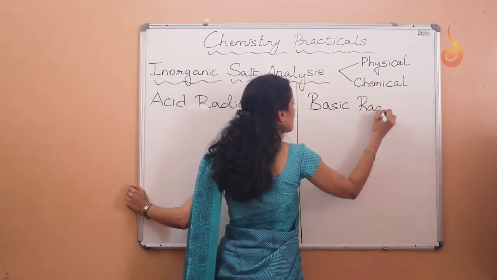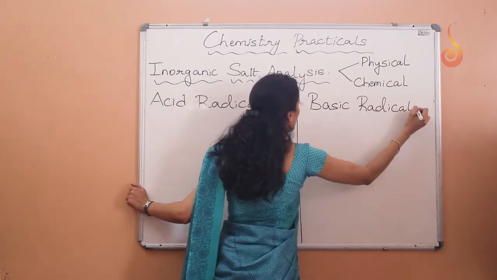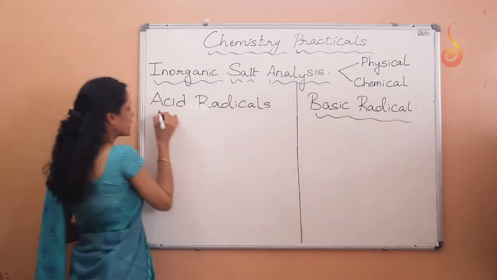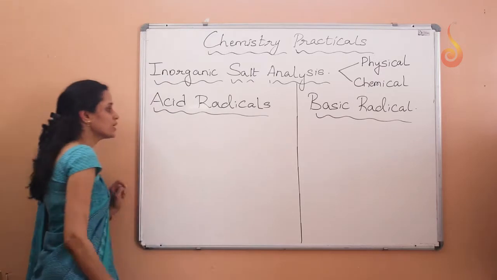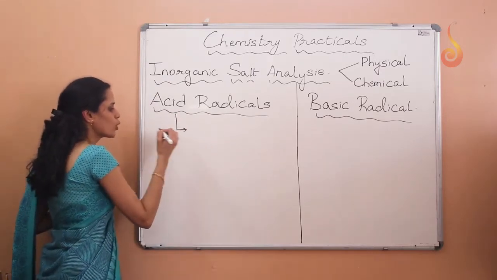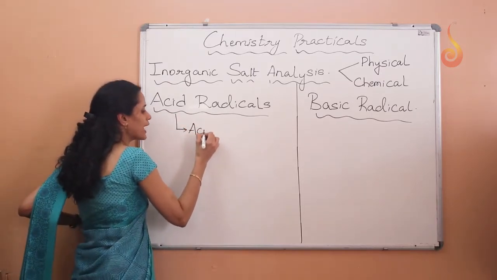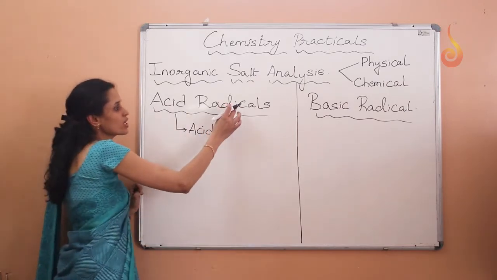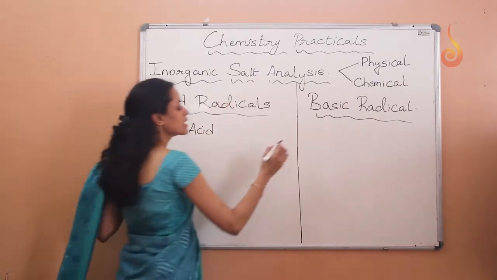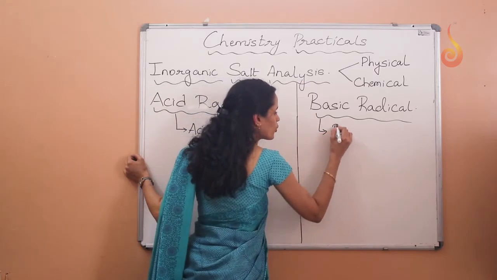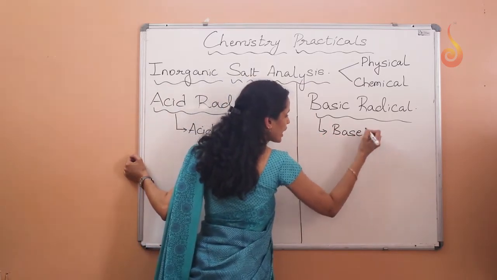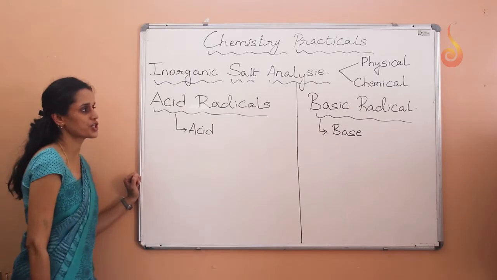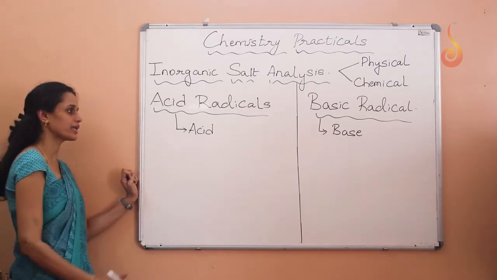In the beginning itself we observed that the ions obtained from the acids in a neutralization reaction are known as acid radicals, and the ions obtained from the base in a neutralization reaction are basic radicals.